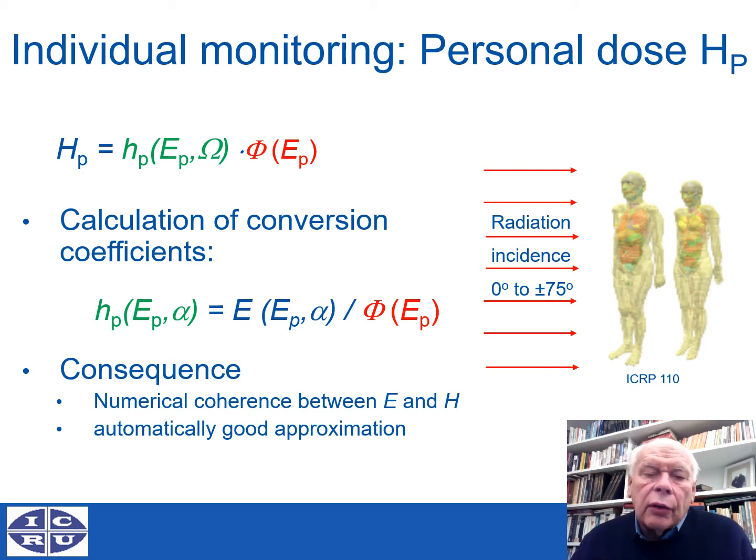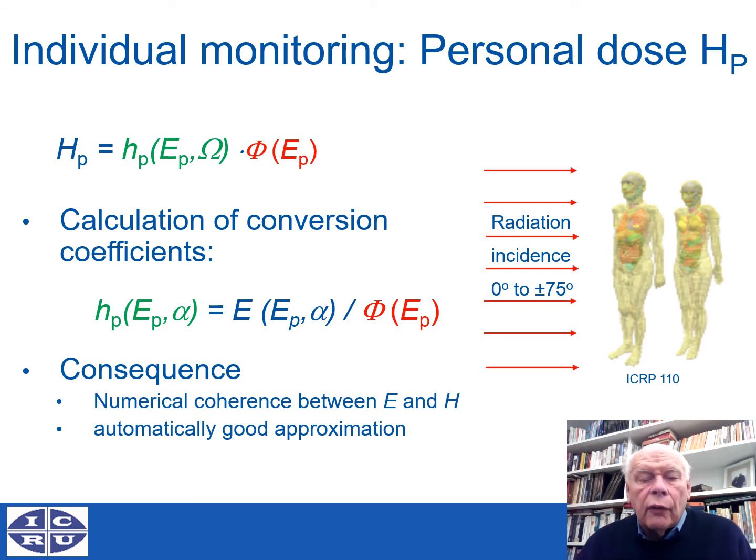To explain that a little bit further, for individual monitoring, the ICRU report proposes to introduce a quantity called personal dose, H sub P, and that's defined by a conversion coefficient and fluence, or the air kerma.